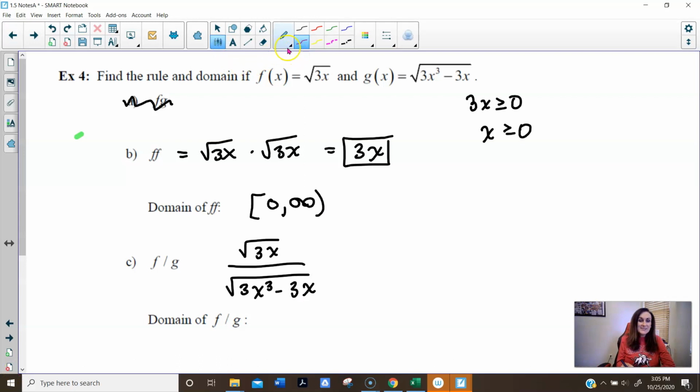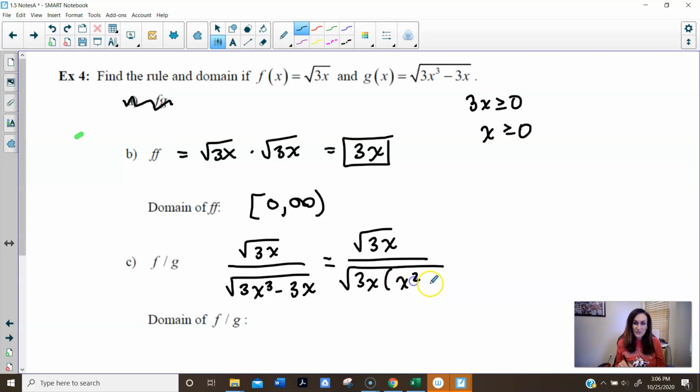Looking at C, we have f of x divided by g of x, which looks like this. And then let's simplify this radical in the denominator. So it's the square root of 3x over, when we factored out the x, we're left with x squared subtract 1.